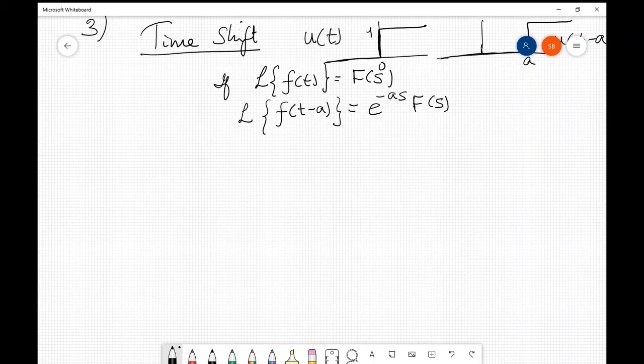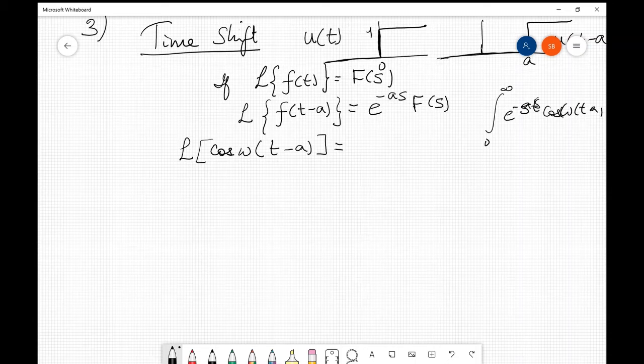So in other terms, as we have seen last time, for example, if we are asked to find the Laplace transform of cos omega of t minus a, then rather than using that tedious integration of e raised to minus st cos of omega t minus a, we can simply plug in e raised to minus as multiplied by F of s.